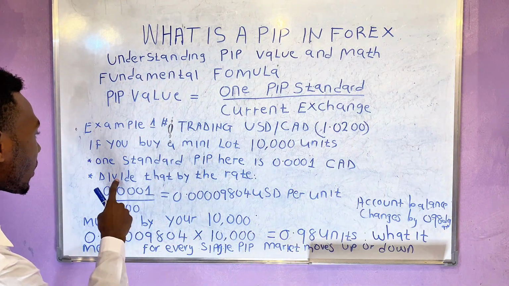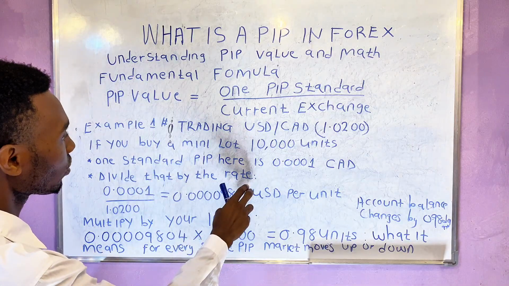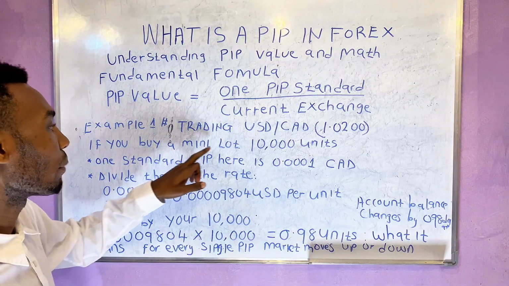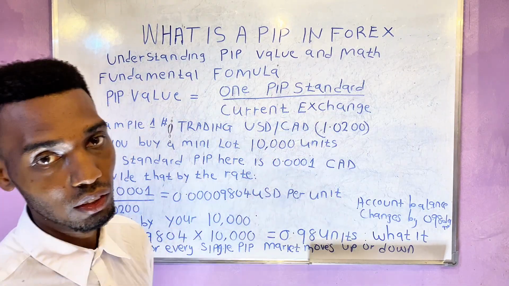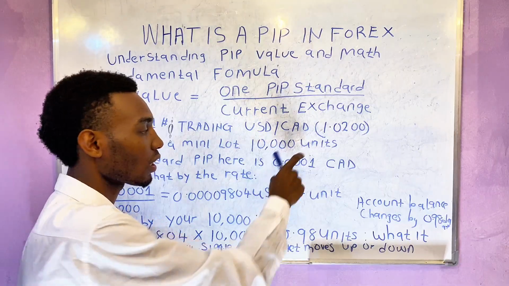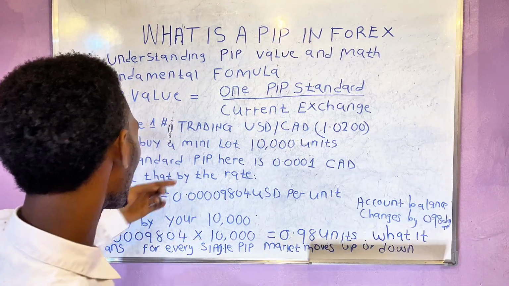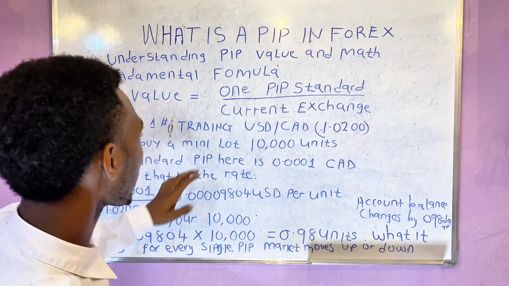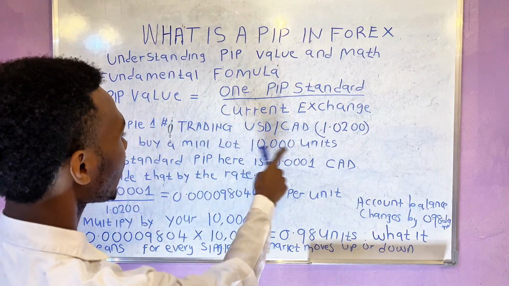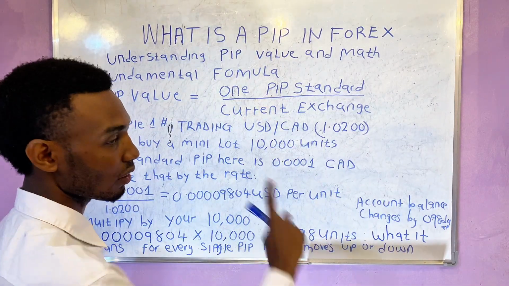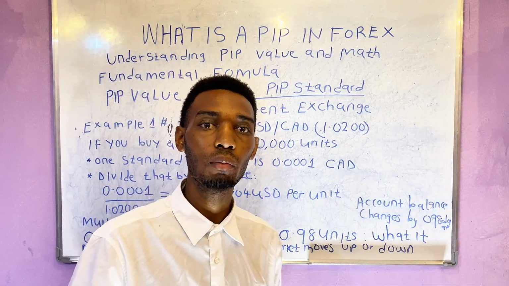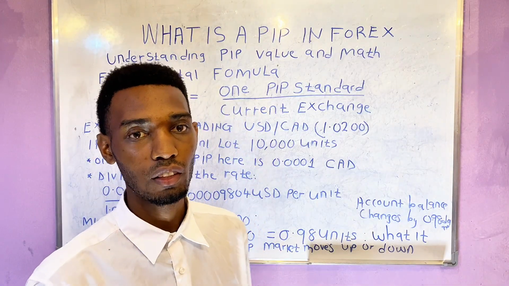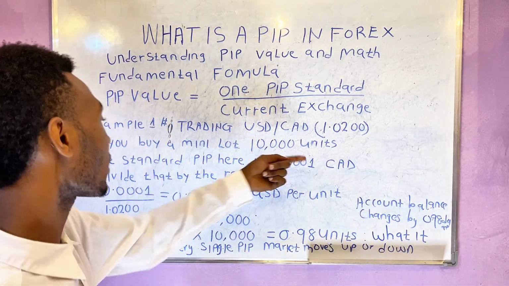Now you say you buy a mini lot of 10,000 units. Now these are the 10,000 units.